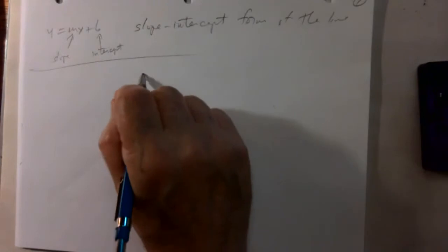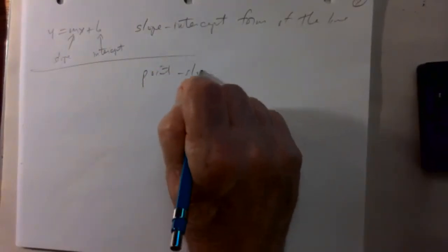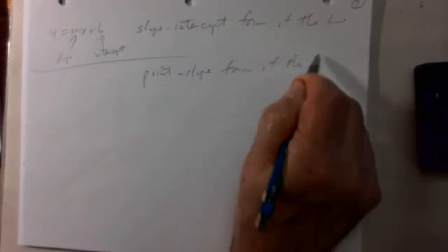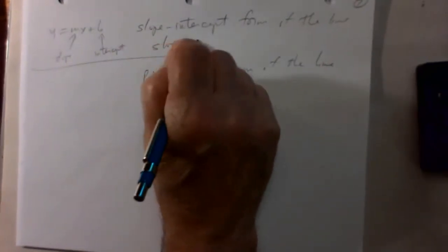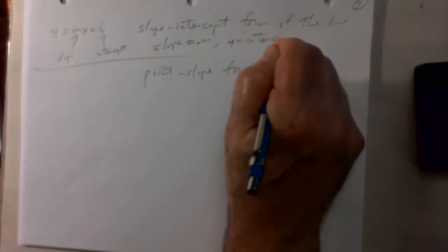But sometimes we want a different form of the equation for the line, what is called the point slope form of the line. In the previous case, we were given the slope m and y-intercept b.